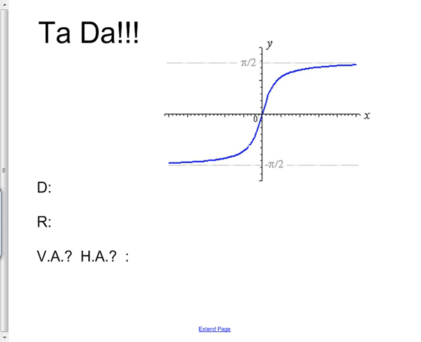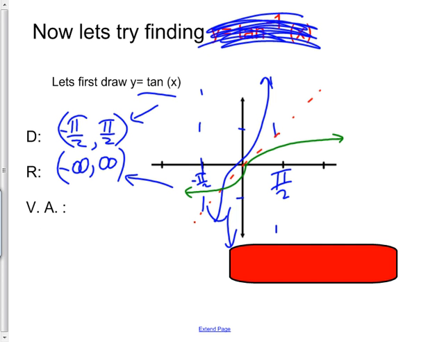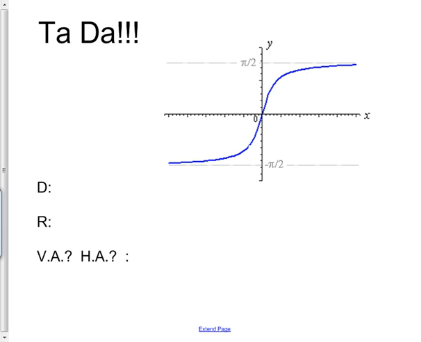In fact, there it is. Notice that the asymptote lines that were up and down at negative pi over 2 and pi over 2, they're still there, but now those spots move to here and here. So those asymptotes are still there. They just go this way. So that's what inverse tangent looks like.